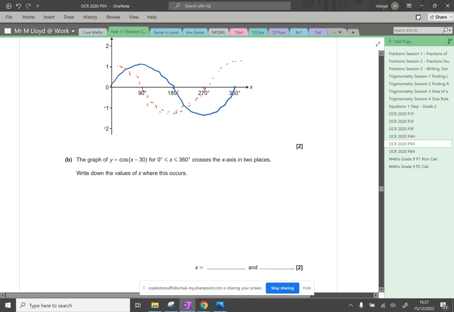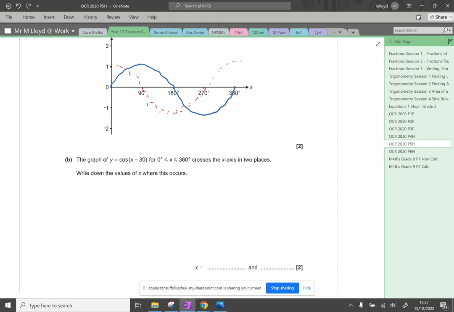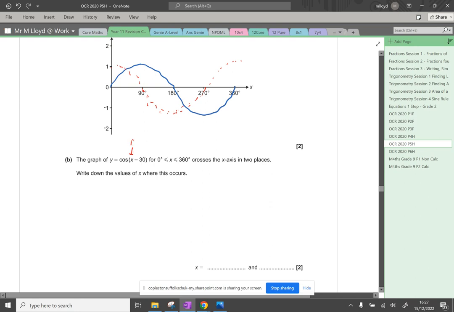So what we expect will happen at 150 will actually happen at 180, because if we input 180 into that, we get 150. That means that the graph will shift a little bit to the right. So 90, where it does cross, will actually happen at 120, and 270 will happen at 300. So 120 and 300.